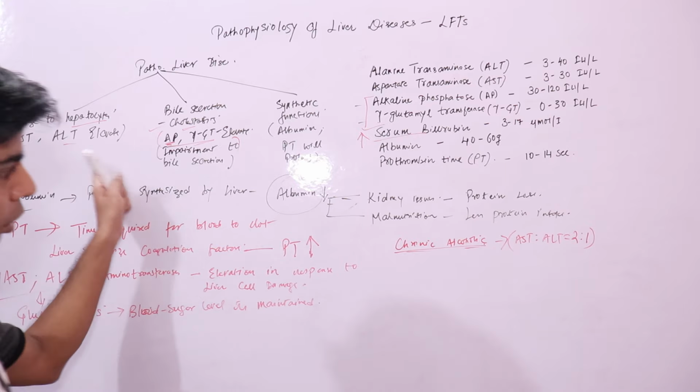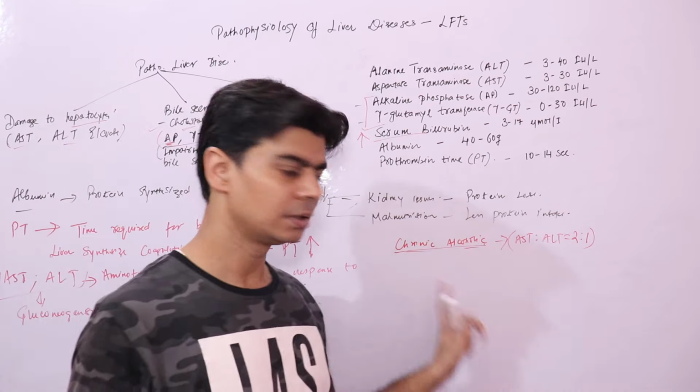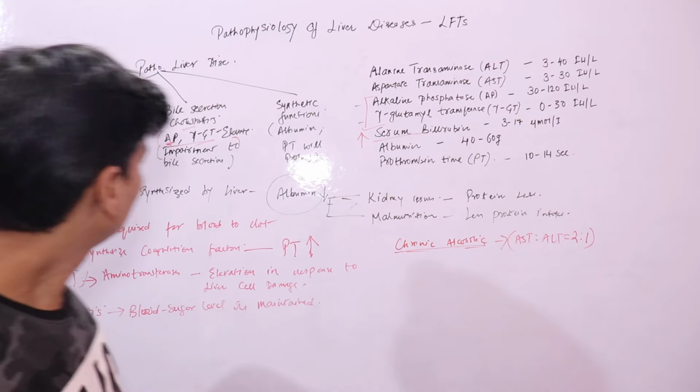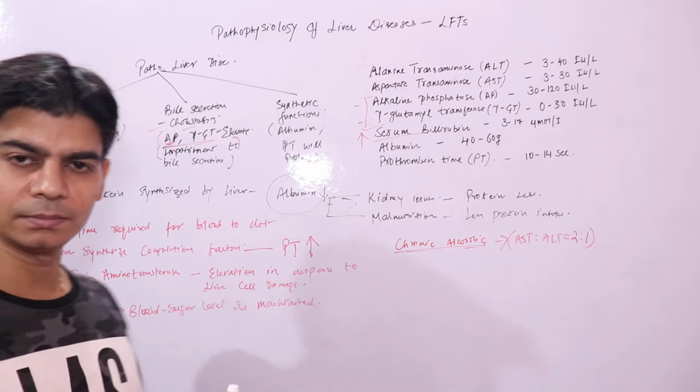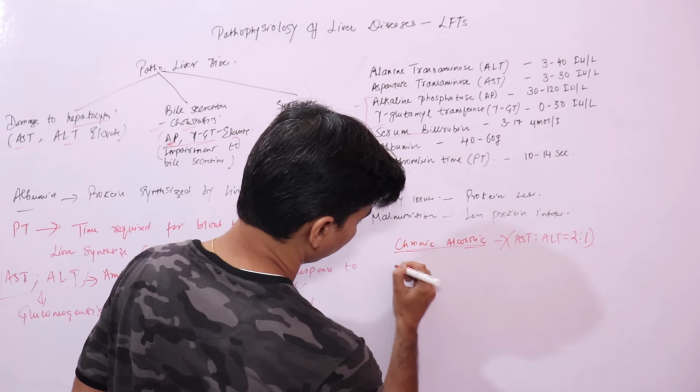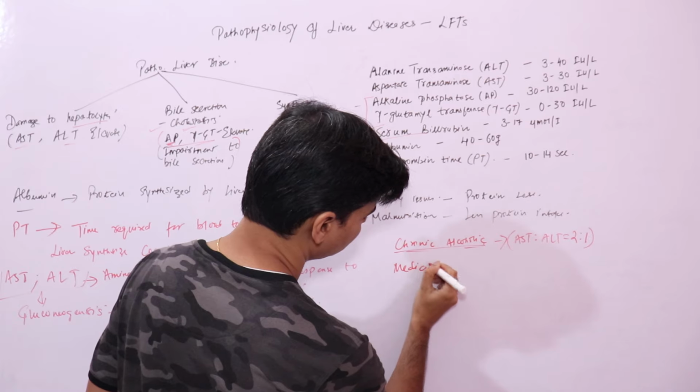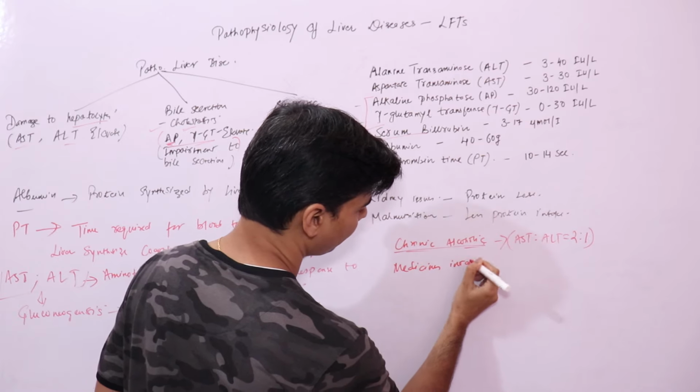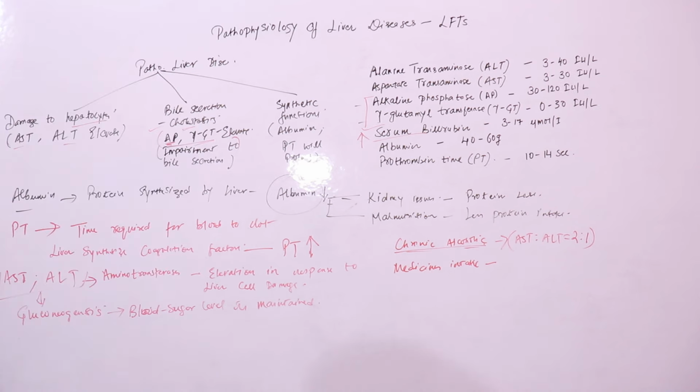Depending on what type of issue has occurred due to the medicine use, your LFTs will show a pattern. So LFTs will elevate depending on whether it is hepatocellular or cholestasis, right?